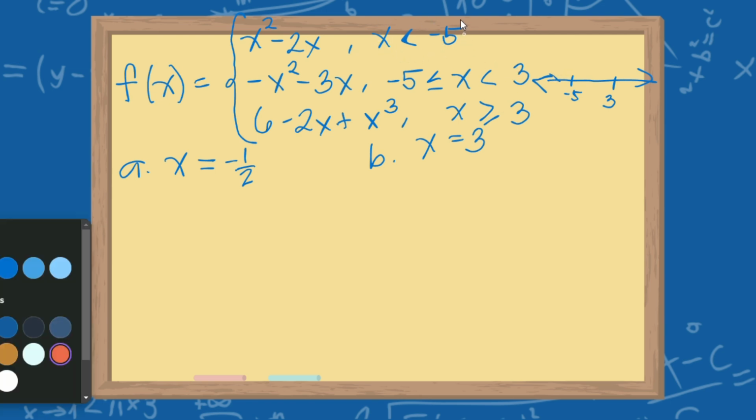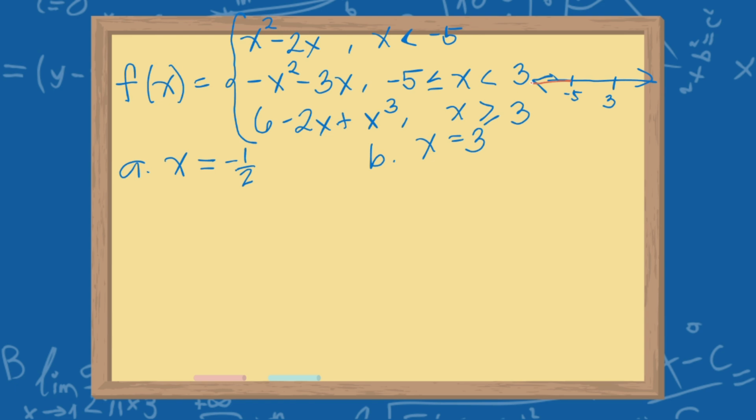For the first interval, x less than negative 5, dito mo makikita yung mga values na yun. So from here to the left of negative 5. And for x greater than or equal to 3, ito yung mga values na yun. From 3, including 3, and to the right of 3. Lahat ng mas malaking value sa 3.